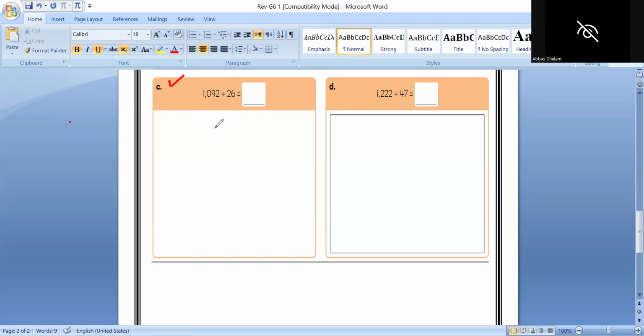In this question I will use pattern method, yani कि parts method, and in the other question I will try to use long division method. This is 1092. So if I make it like that, 1040, then plus the other number, for example, 52.